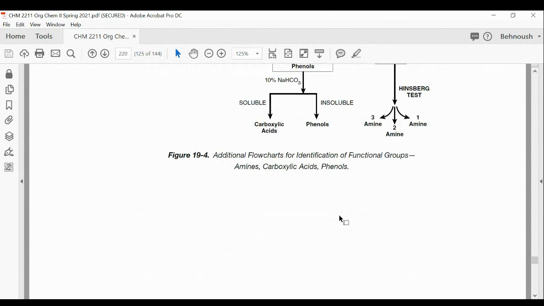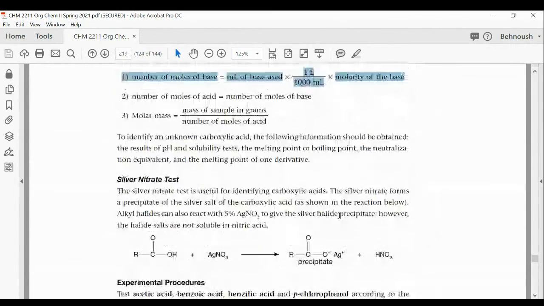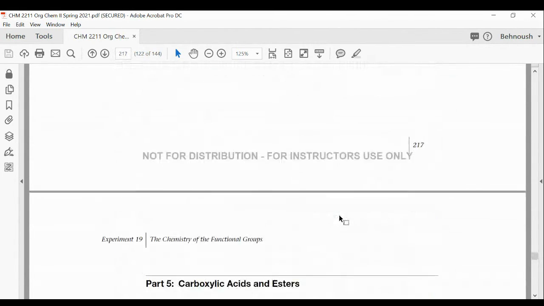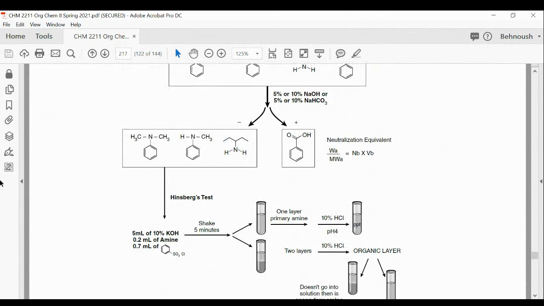Okay, for the known samples, these are the three compounds that we used. Because it was a known sample, I already picked the name.